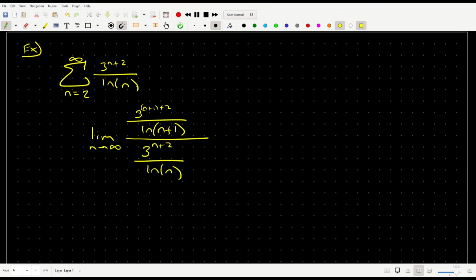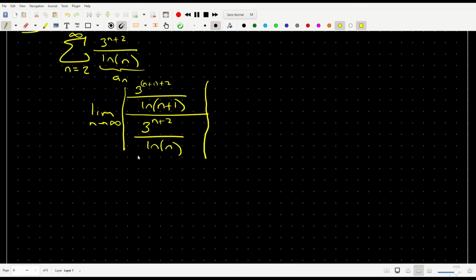Because there are terms a_n, and this is a_(n+1), and this is a_n. Realistically, it's the absolute value of this, but it doesn't matter too much here because we don't have any negative terms. But it's good to get in the practice of taking the absolute value of this limit, because this is what you have to deal with in general.